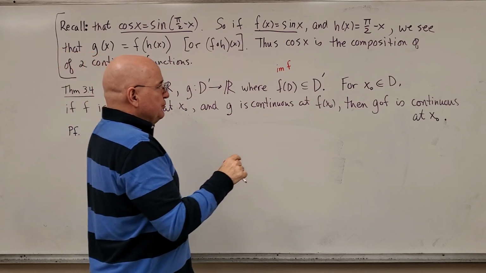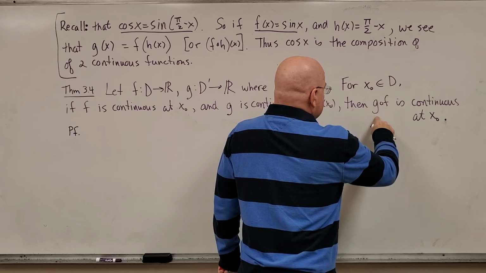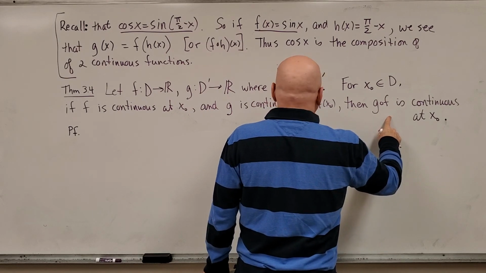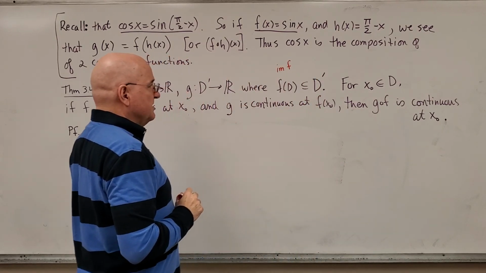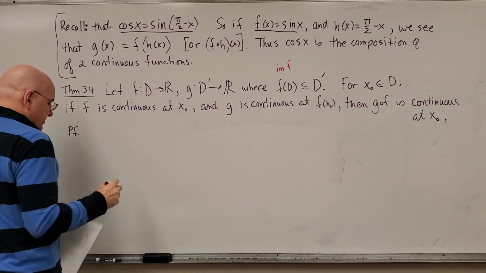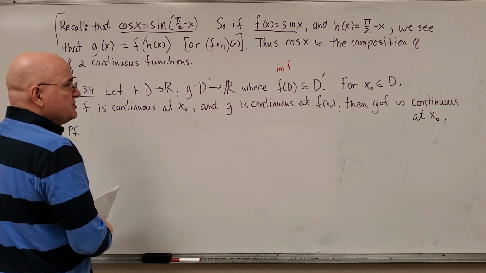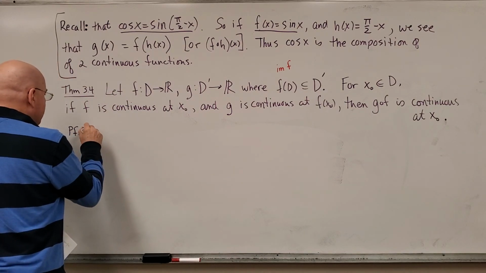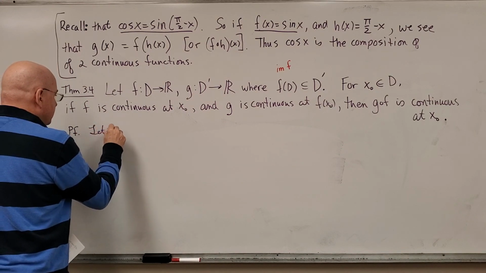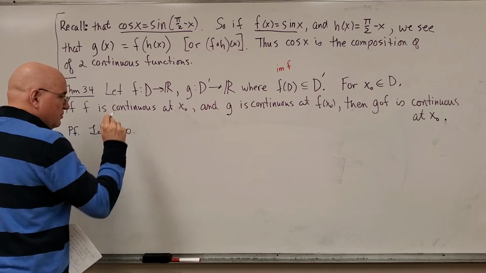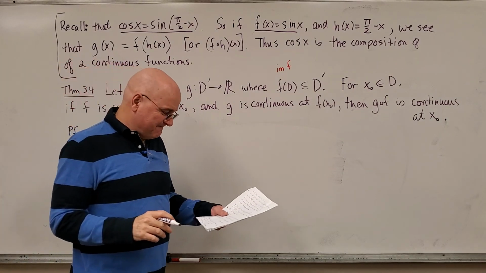So we need to prove that g composed with f, g of f of x, is continuous at x naught. So if we want to show continuity, I need an epsilon. So we're going to start off with: let epsilon greater than 0 be given.